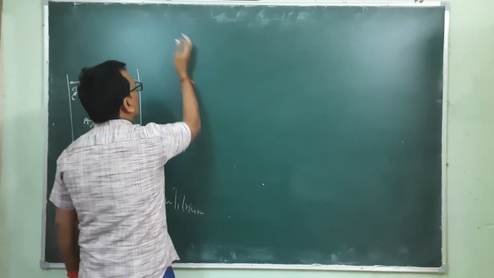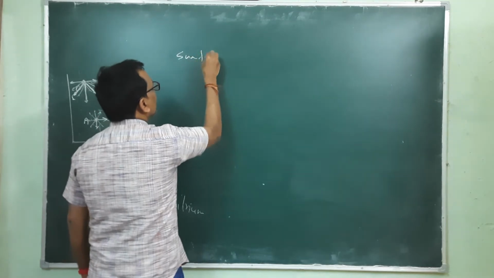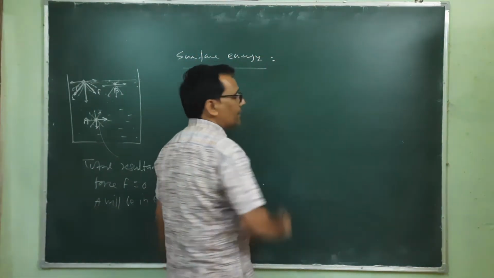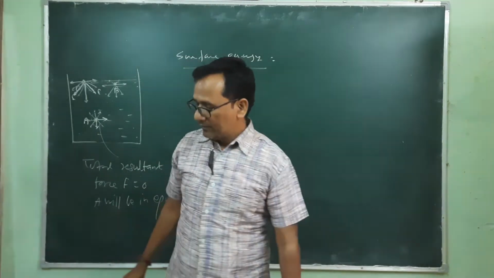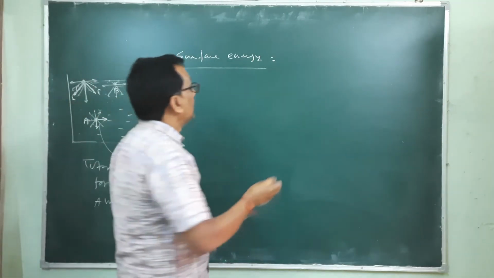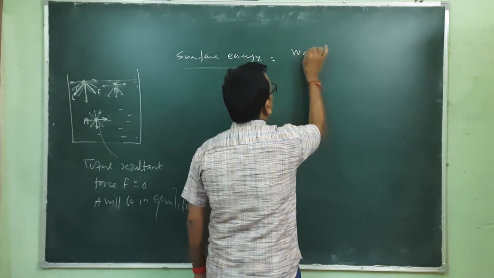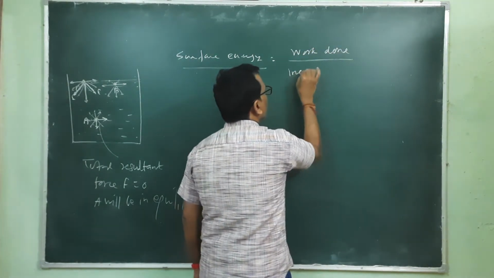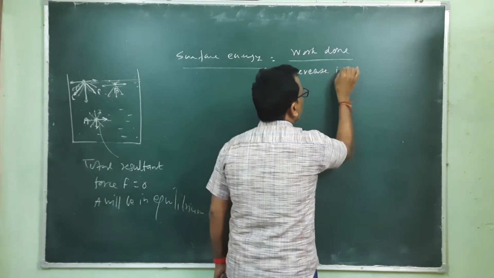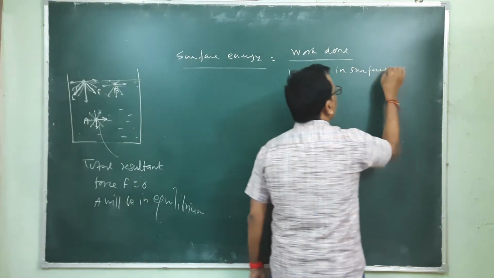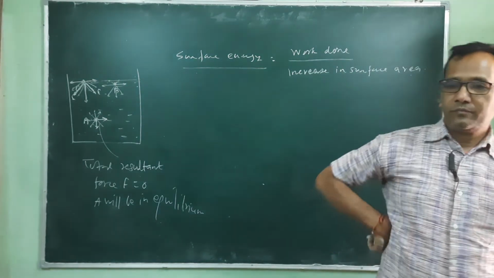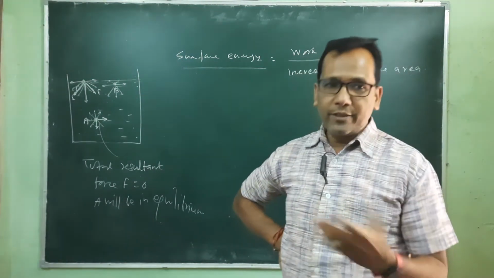Surface energy is defined as the work done per unit increase in surface area. Every energy term is related to work done.